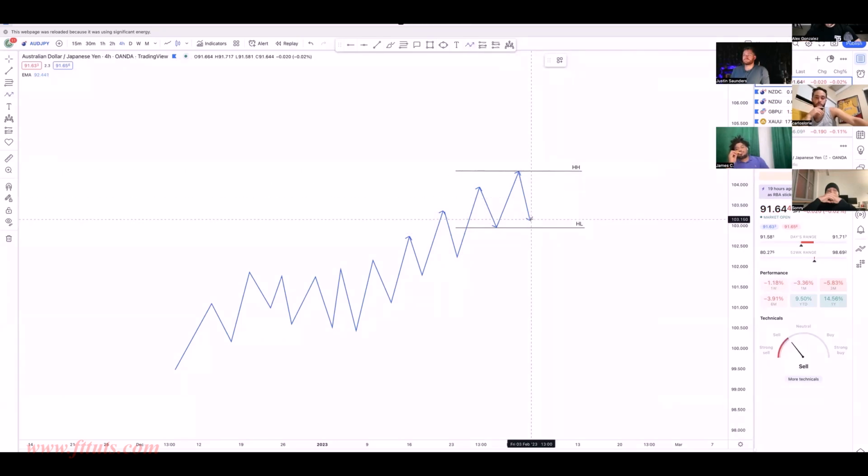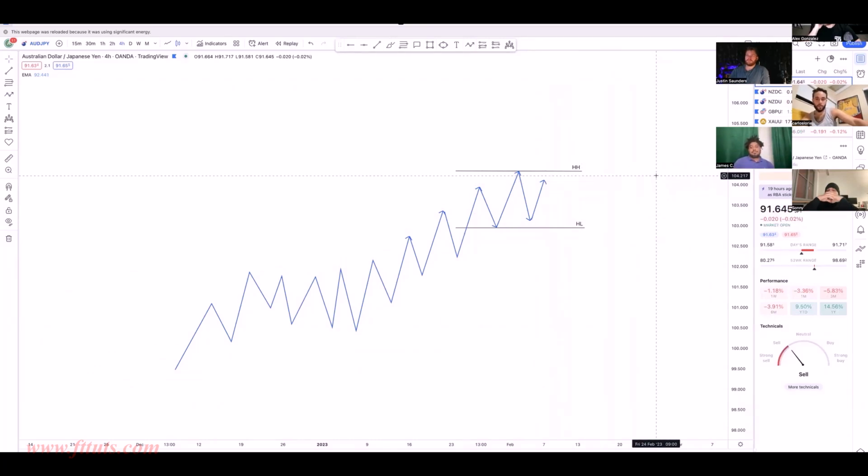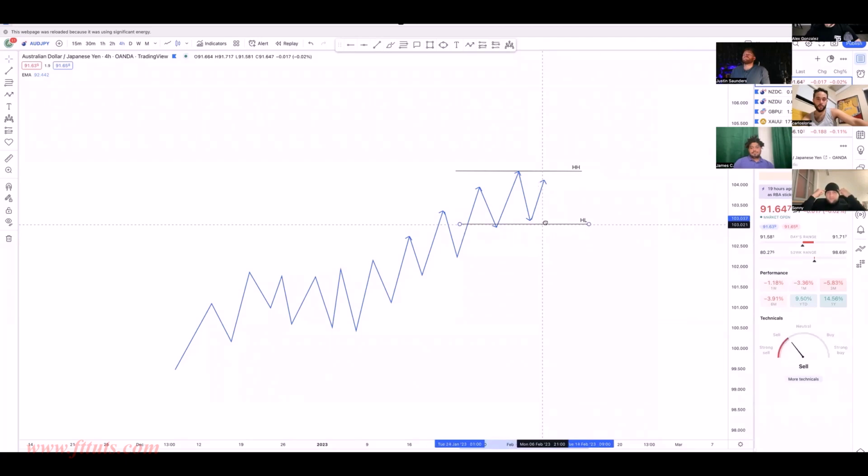All right, what is this point right here? Same thing. Okay, correct. Nothing. You sure this doesn't go as the higher low and then this as the higher high? Makes no sense because we haven't done a higher high, so there's no higher low. All right, what about this point right here? What is this point?